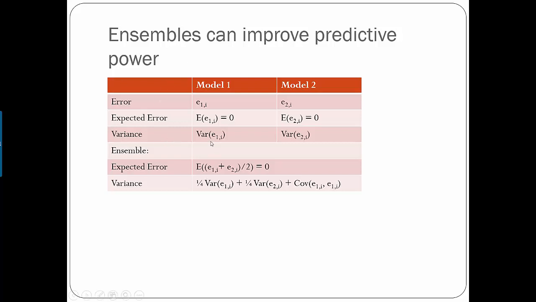So the errors will be pretty much the same in terms of positives and negatives in the combined model. But when you mathematically derive the variance of the combined model, it turns out that it is going to be a quarter of the variance from model 1, a quarter of the variance from model 2, plus any covariance that may exist between the errors that we get from model 1 and the errors that we get in model 2. So to the extent that these two models have very low covariance, then the variance of the combined model is going to be a quarter of this and a quarter of this.